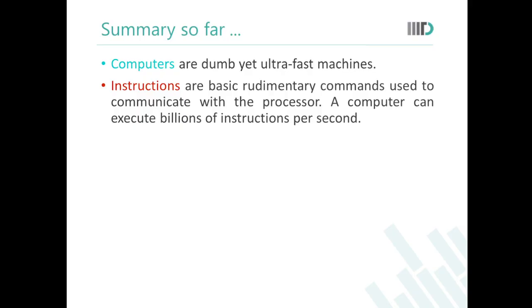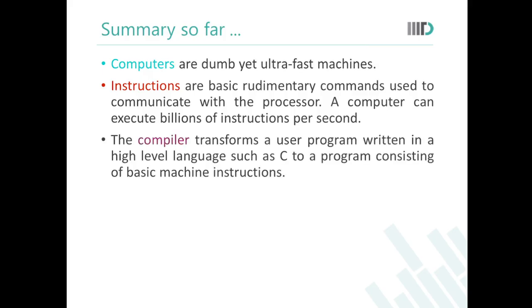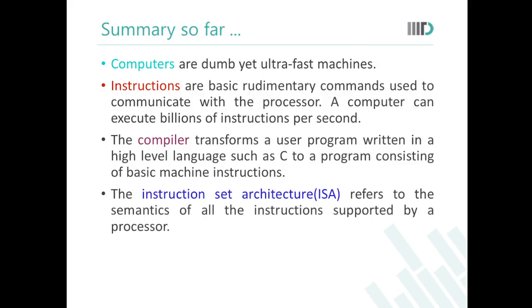Instructions are basically very simple commands used to communicate what we want the processor to do, and a computer can execute billions of instructions per second. The compiler basically transforms a user program written in a high level language like C, etc., into machine instructions which the computer can execute.